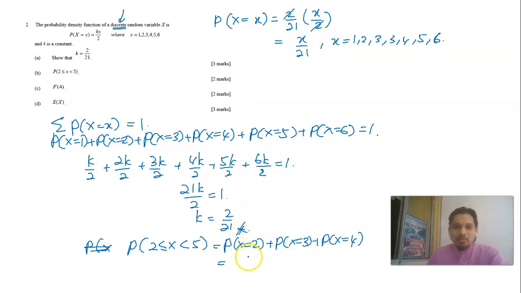So when x equals 2, 2 over 21 plus 3 over 21 plus 4 over 21 equals 2 plus 3 equals 5 plus 4 equals 9 over 21.